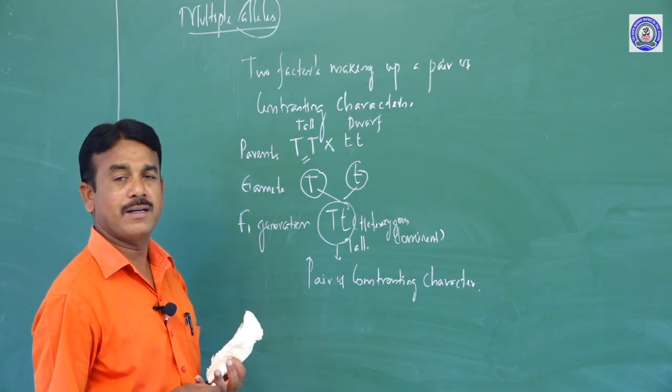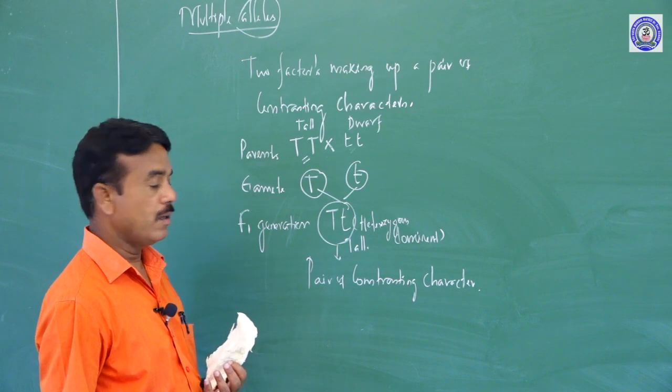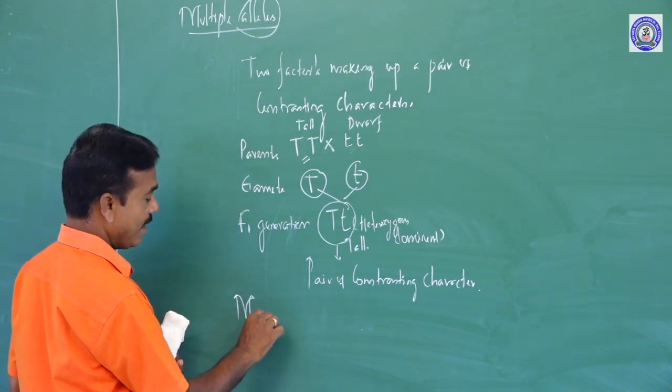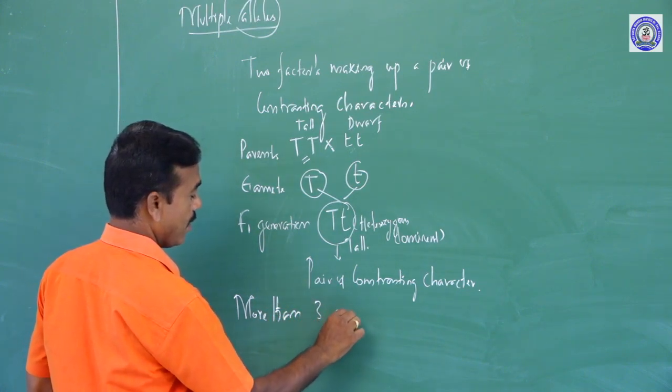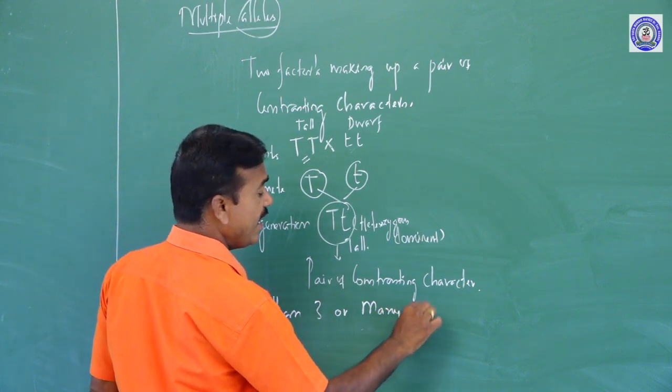Now, what do we mean by multiple alleles? That means three or more than three, or many, allelic forms.